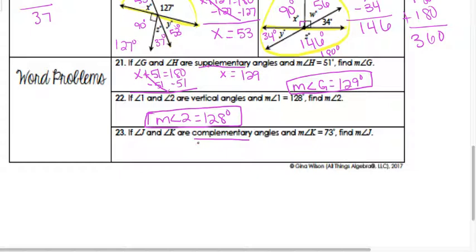How much is that supposed to be? Remember the little 90? See why we put the little box there? Because that does not really look like 90 degrees, does it? Okay. So here's my complementary angle, which is, well, this is my right angle, my 90 degree angle.